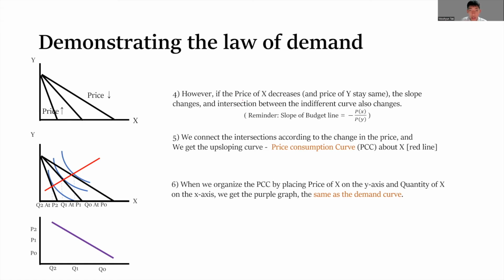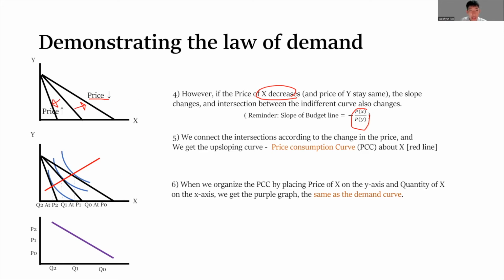However, if the price of X decreases and of course Y stays the same, the slope changes, because the slope is given by the price of X divided by the price of Y. So if the price decreases, then the tilt is more inclined to the right, and if the price increases, then the tilt tends to be more to the left.